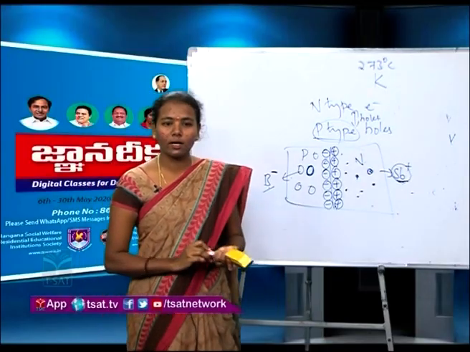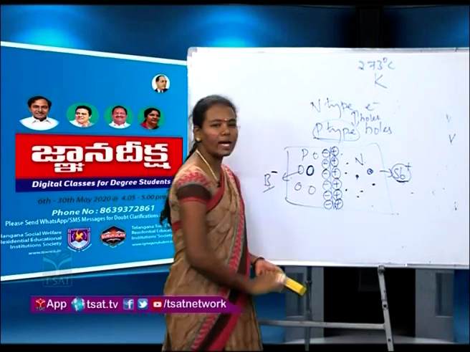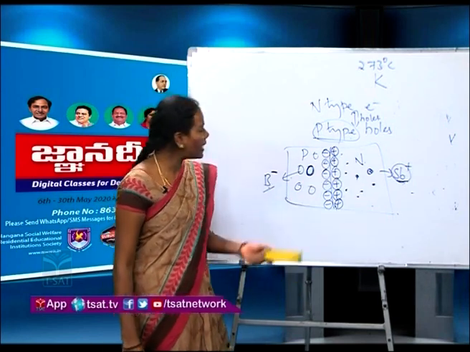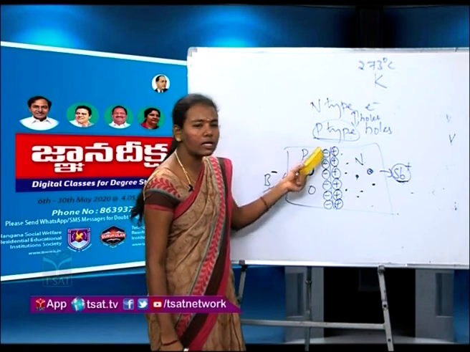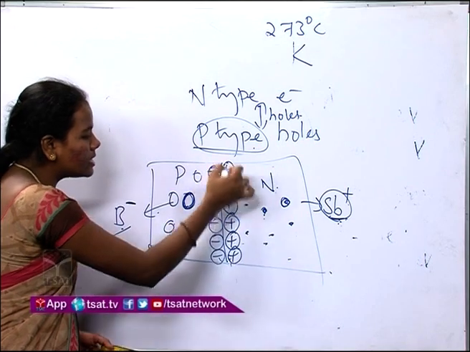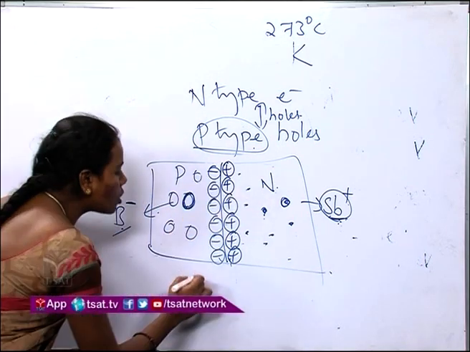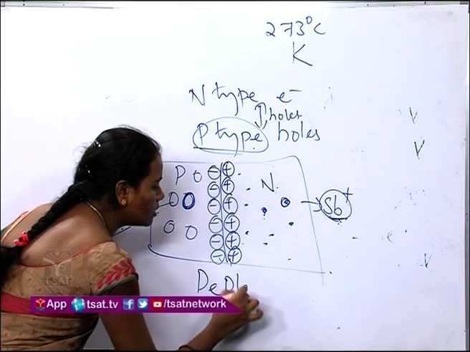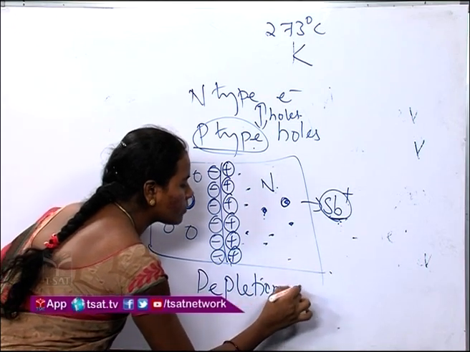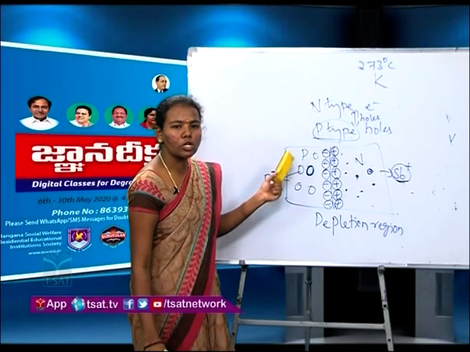So this ionic region is called the depletion region. In this region, you don't have any charge carriers, right? There are no charge carriers in this region, they are stable ions. So this region is called the depletion region. This diffusion will stop somewhere.